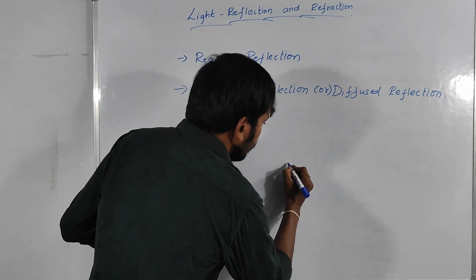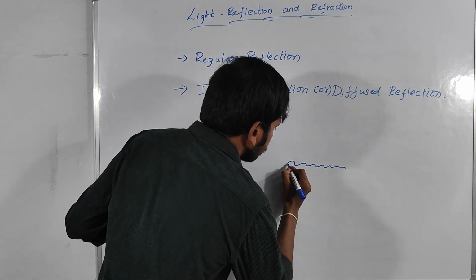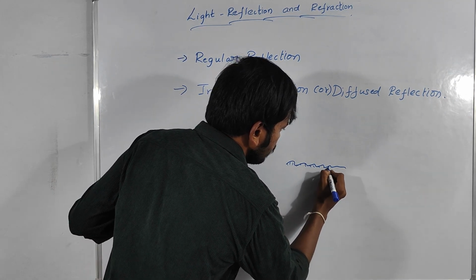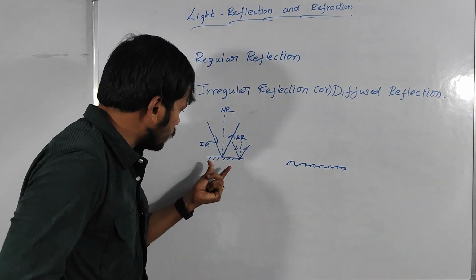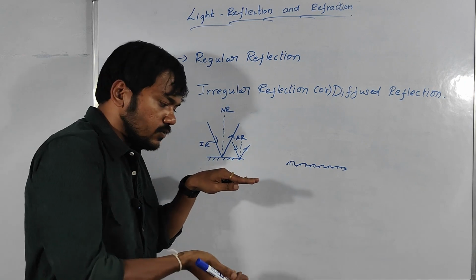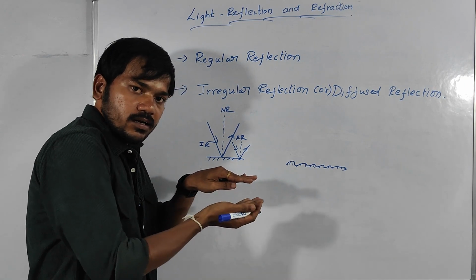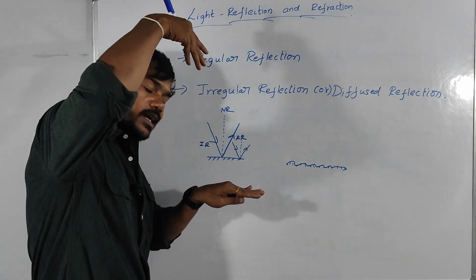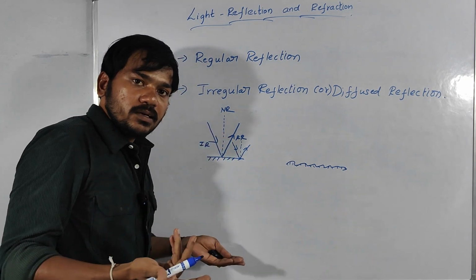Now if this plane is not flat, what is this actually? This is a silver coating, glass coated with silver in the lower portion, and light is incident onto it. Now it behaves like a mirror.